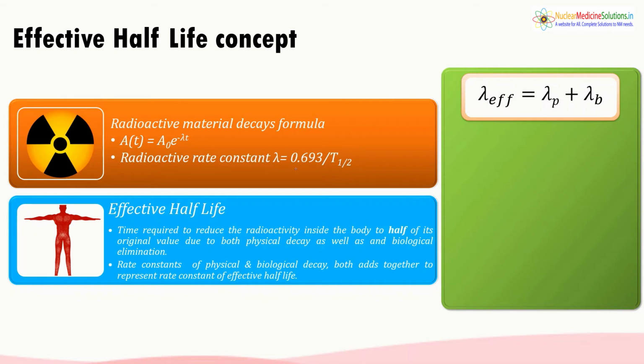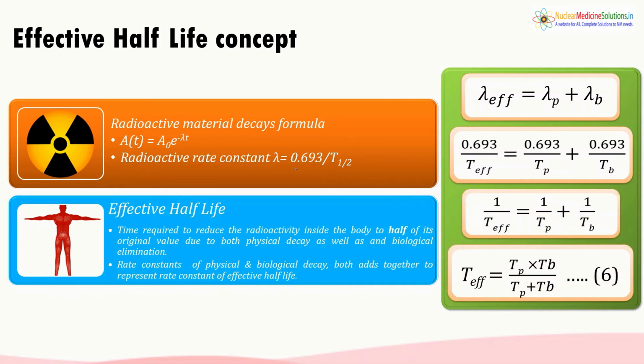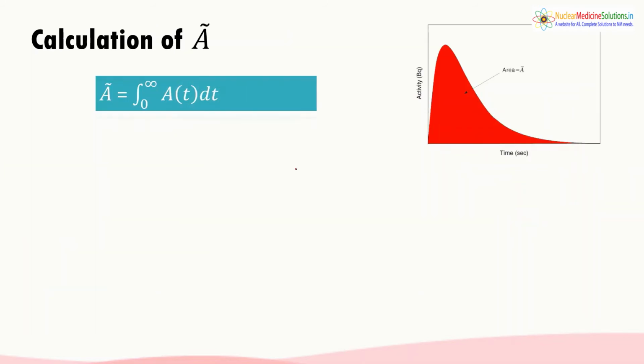So lambda effective is equal to lambda p plus lambda b. Lambda p is the rate constant for physical decay and lambda b is the rate constant for biological decay. If you write the values of lambda, the equation will become like this, and finally T effective is equal to Tp times Tb divided by Tp plus Tb.